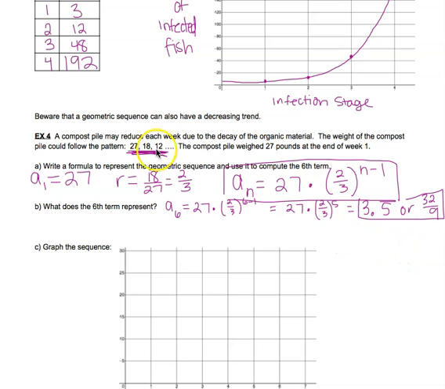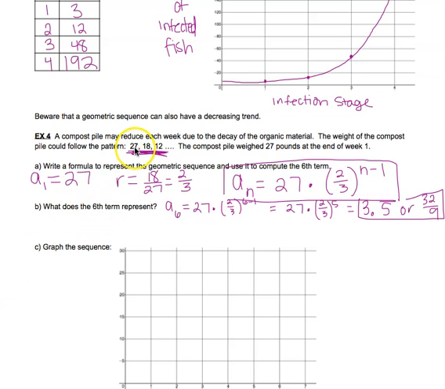And it doesn't matter in this case which way you go, because it's a real life situation. So you are allowed to use a decimal in a real life situation. What does the 6th term represent? This is probably the most important question, is understanding what the answer means.